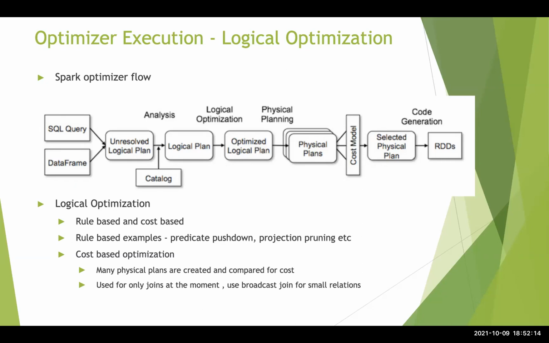To help you explain better, let's say you are creating a DataFrame by querying a MySQL table, and that table has millions or billions of records. But your query is select from that table where, either in your DataFrame filter condition or the where clause in your SQL, wherever you put it, you say where column 1 value is greater than 10,000.